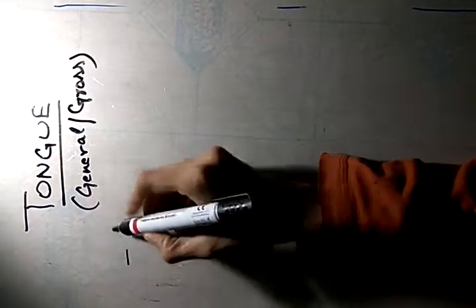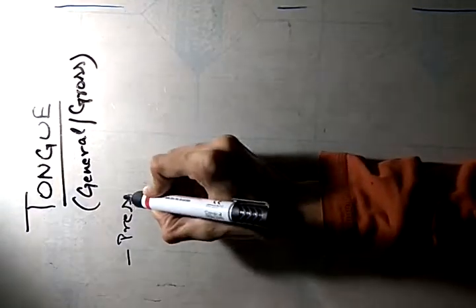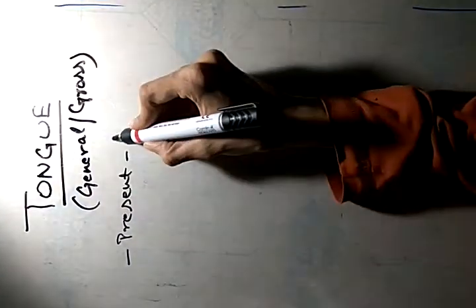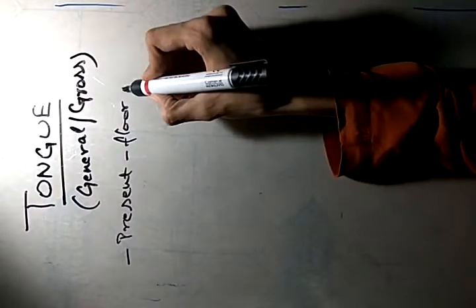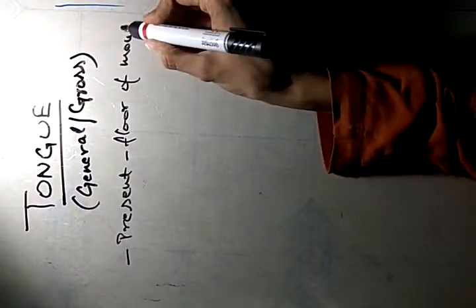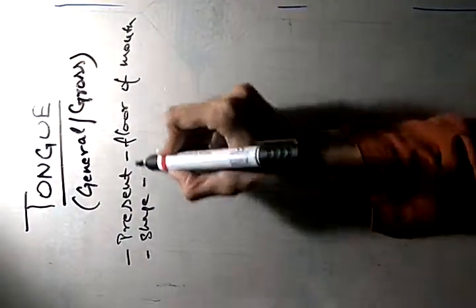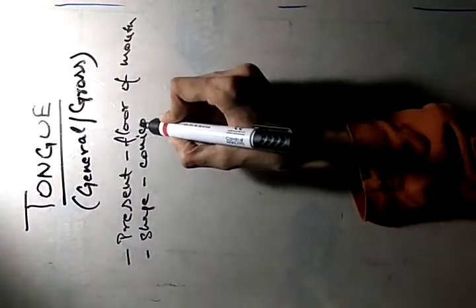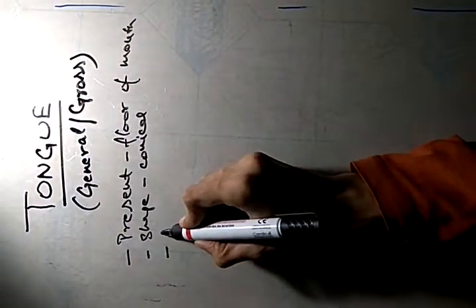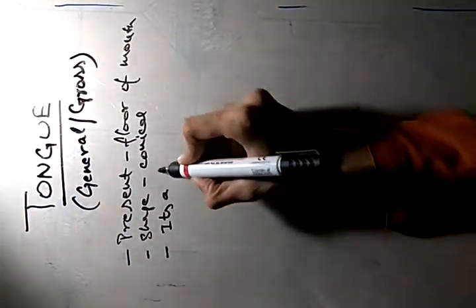Good morning. So today my topic is tongue. Today we'll be discussing general or gross anatomy of it. So what do we observe when we first see tongue? Present in the floor of mouth, shape conical, and it's a muscular organ.